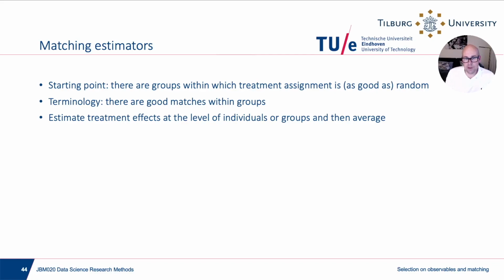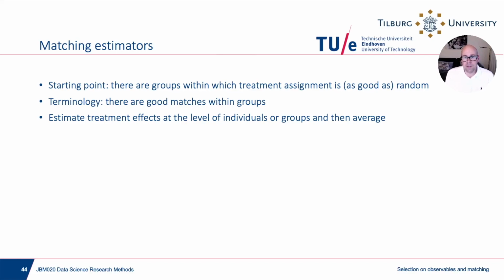As for the terminology, within those groups within which treatment assignment is as good as random, one can always find good matches, right? So if one has a treated unit, one can look at the outcome, and one can always find a match of an untreated unit and basically compare the two outcomes to one another.